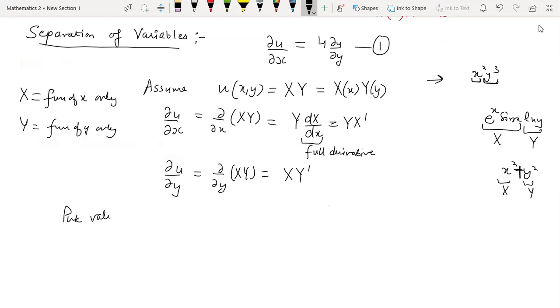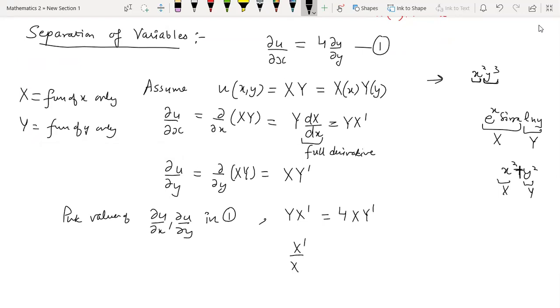So you put the values of del u by del x and del u by del y in equation number one. You will get Y X dash is 4 times X Y dash. So now I can rearrange the terms.